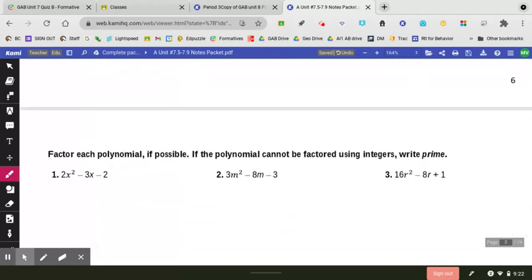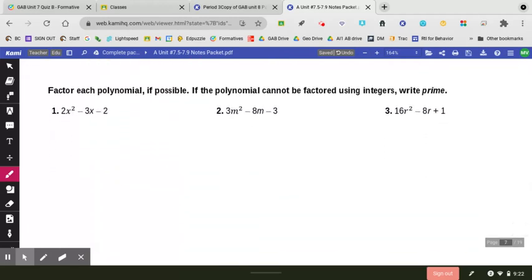So first problem here. So 2x squared minus 3x minus 2. There is no number other than 1 that goes into 2, 3, and 2. So I'm going to take negative 2 times 2, which gives me negative 4. Numbers that multiply to be negative 4, that add to be negative 3, are negative 4 and 1. So I make my plus sign.